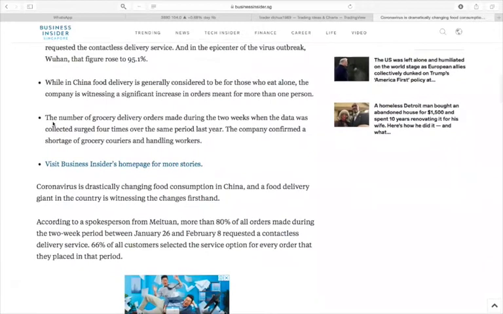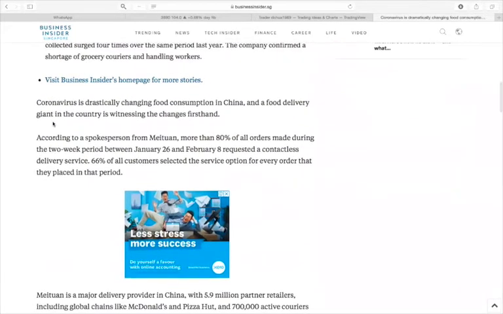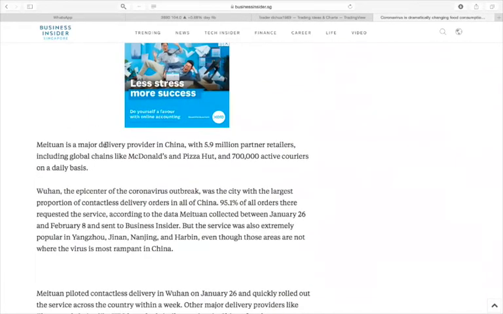And what else does it say? Major delivery provider in China with 6 million partner retailers, including global chains like McDonald's and Pizza Hut. Now, McDonald's and Pizza Hut, we know they are franchised in many countries.